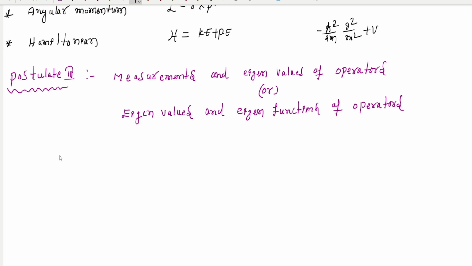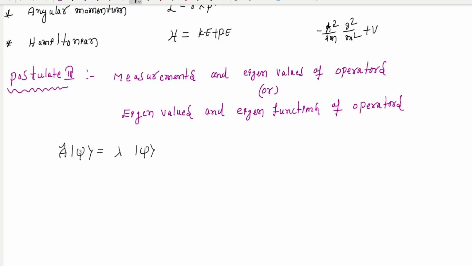For example, if an operator A is applied on a wave function psi, it produces the same wave function multiplied by some constant value.